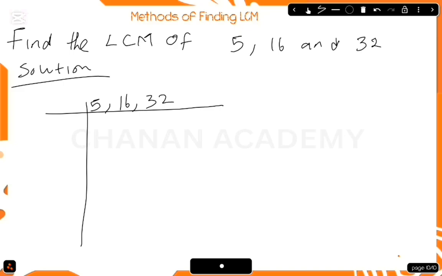Check carefully. Can 2 divide any of the values there? Yes, 2 can divide 16 and 32. 2 cannot divide 5. If 2 divides 16, the answer is 8. If 2 divides 32, the answer is 16.